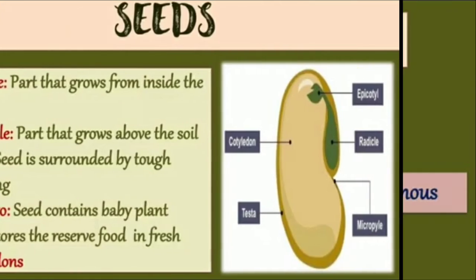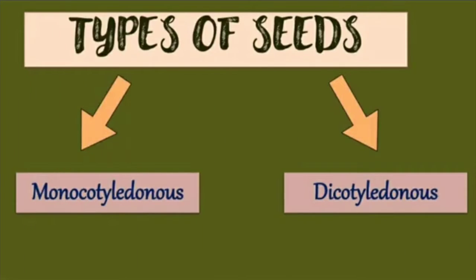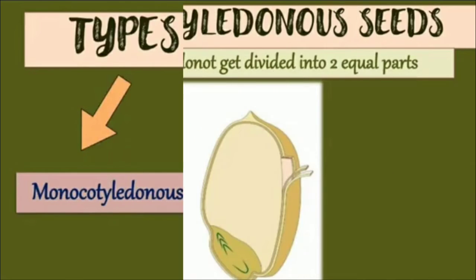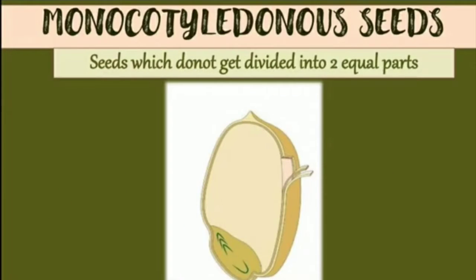Now children, these seeds are of two types, monocotyledonous and dicotyledonous. What are monocotyledonous seeds, children? These are the seeds which do not get divided into two equal parts. If we cut open a seed and it does not divide into two equal parts, it is called a monocotyledonous seed.